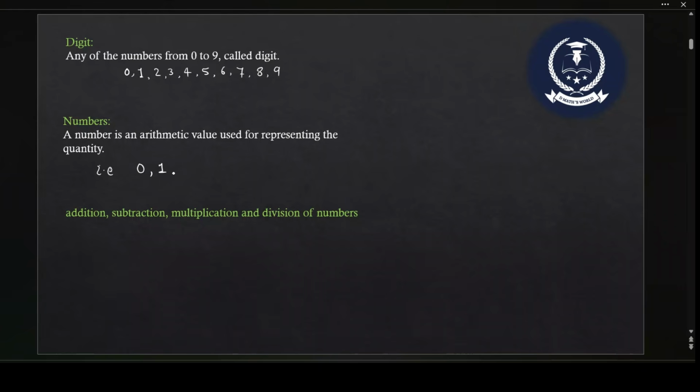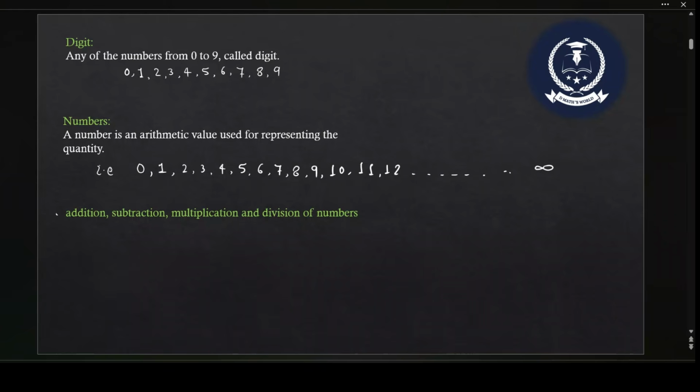So 2, 3, 4, 5, 6, 7, 8, 9, 10, 11, 12, till infinity. So they would be called the numbers. Got it? There are a lot of types of numbers. I will teach you in the next classes.